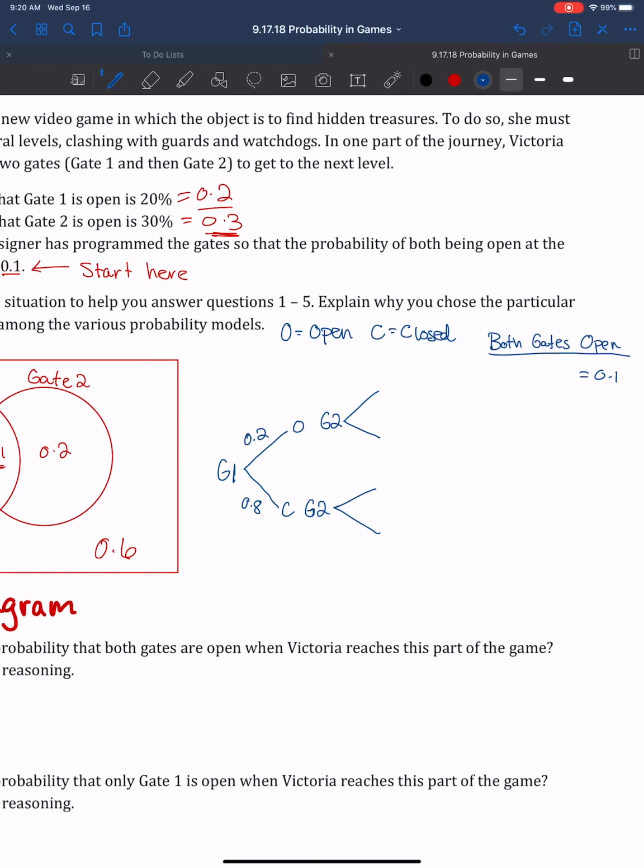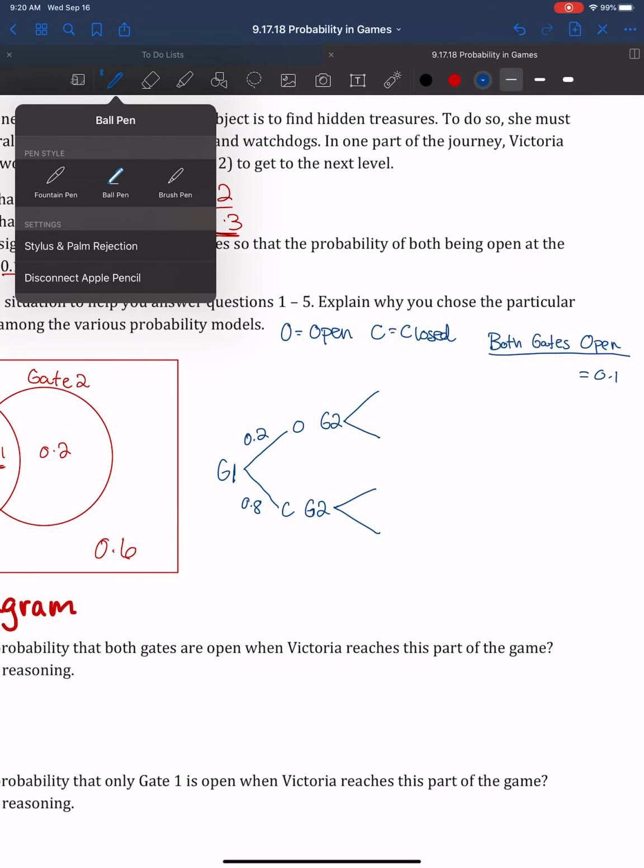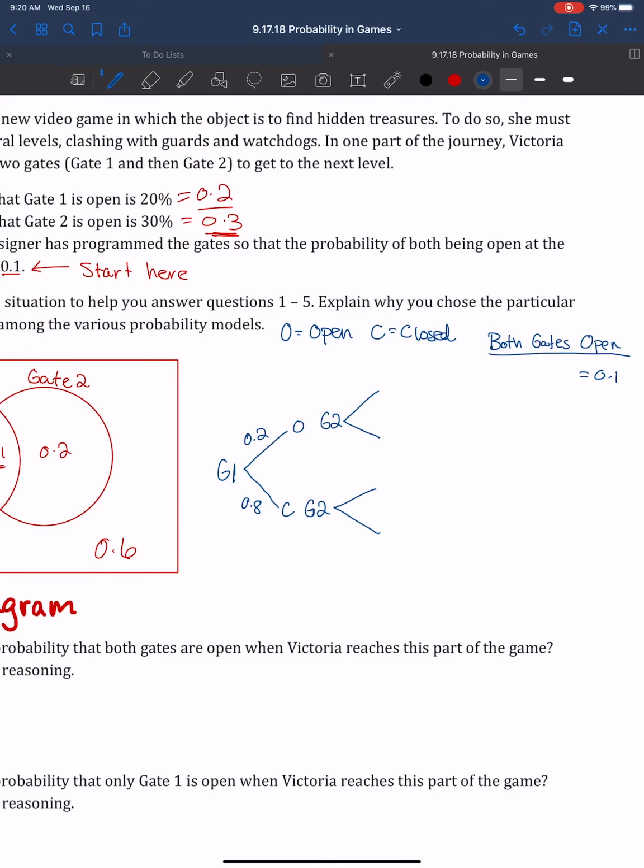Well, the probability of gate 1 being open is 0.2. If we're looking at the probability of both gates, gate 1 and gate 2, we have to take the probability of gate 1 and multiply it by the probability of gate 2. Well, we know that the probability of gate 1 being open is 0.2. So 0.2 times what equals 0.1?